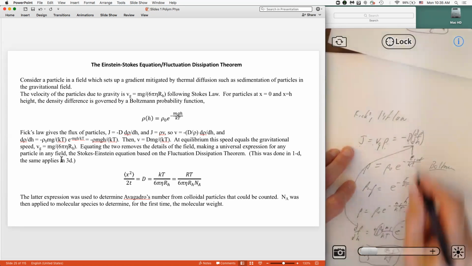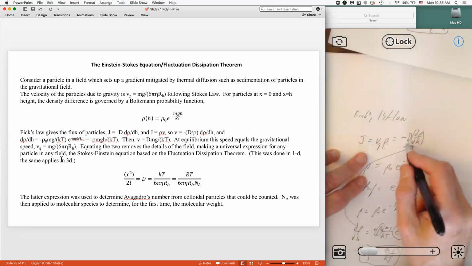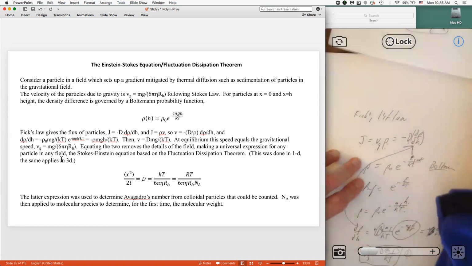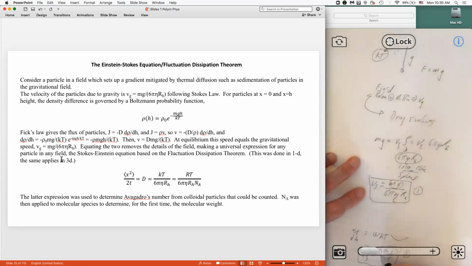I plug that in to get here. This should have had a D in it. Then you can equate these two and get what the diffusion coefficient is. Since the mg cancels out, the diffusion coefficient is kT over 6 pi viscosity rH. And that's the Stokes-Einstein equation.